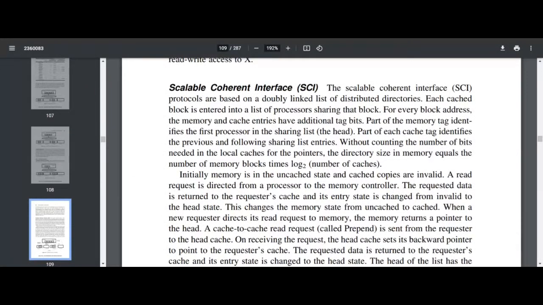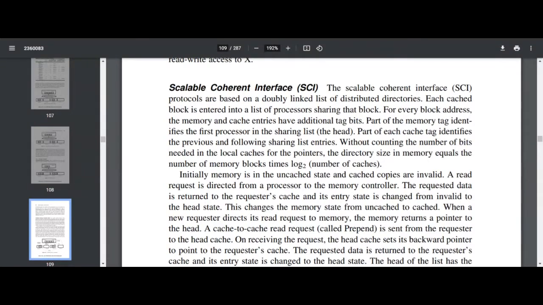In the scalable coherent interface, we define how to connect multiple memory architectures with scalable coherent interfaces. Every time we have an interface, we actually connect two things, like a processor and the memory, on the same interface.